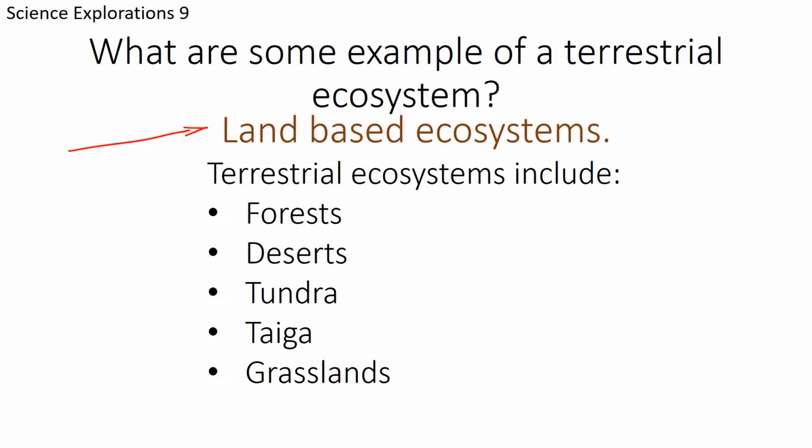Anyways, let's take a look at the variety of different terrestrial ecosystems that exist in Earth's biosphere. Some of these will be very familiar to you in Southern Ontario, and some of them will not be. The first one, forests. These can either be rainforests or tropical forests or boreal forests or temperate forests, deciduous forests, conifer forests.